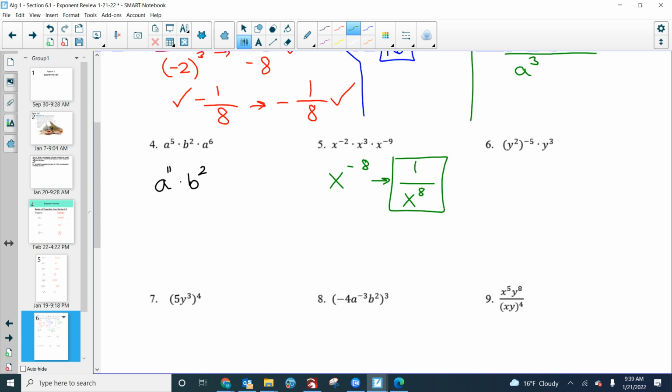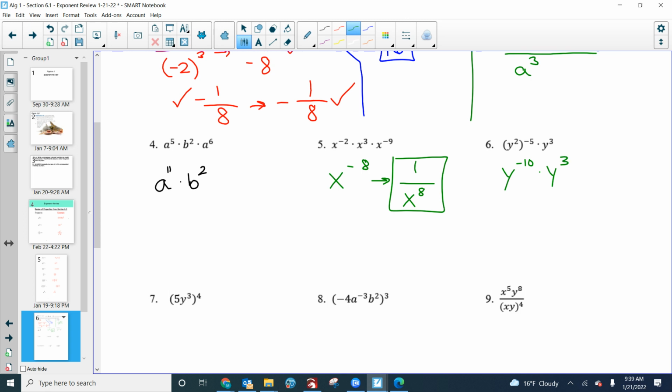Now I have y squared, it's not times y to the -5. It's y squared to the -5, and we have a power to a power. We multiply. We get y to the -10 times y to the 3rd.